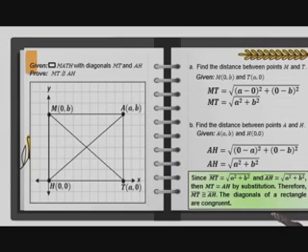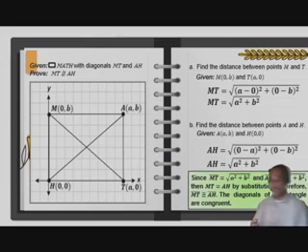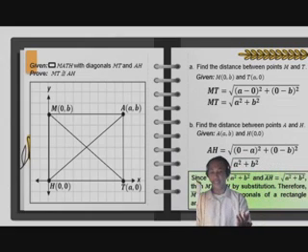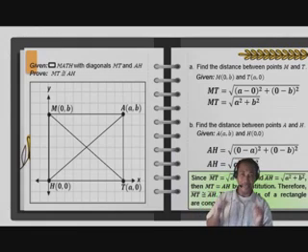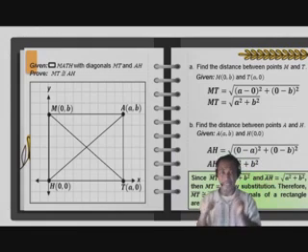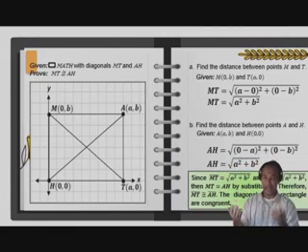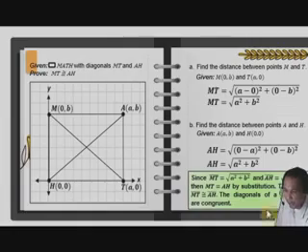It means the two segments are equal. If they are equal, we have proven that the two diagonals of a rectangle are equal, or congruent.